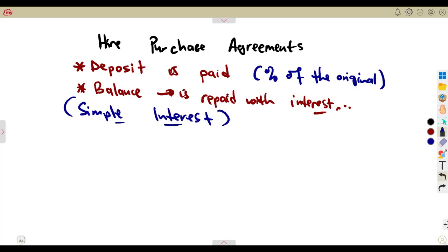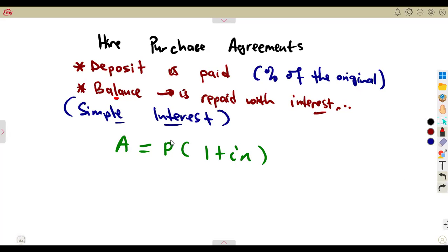So it follows that the amount is given as P into 1 plus IN. Let's go back and analyze what it is going to be used for. Remember, this is the balance that is remaining to be paid. You are supposed to pay that, but you are no longer paying it directly. It is going to be paid with interest.